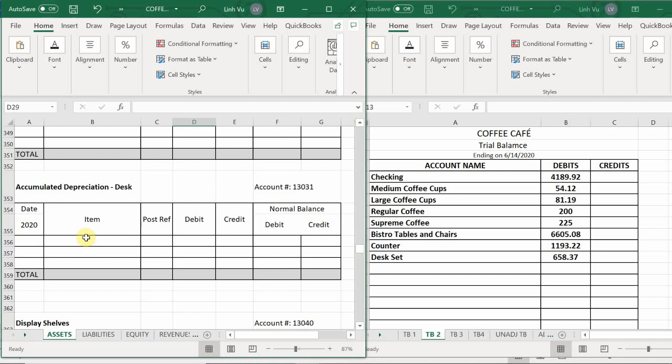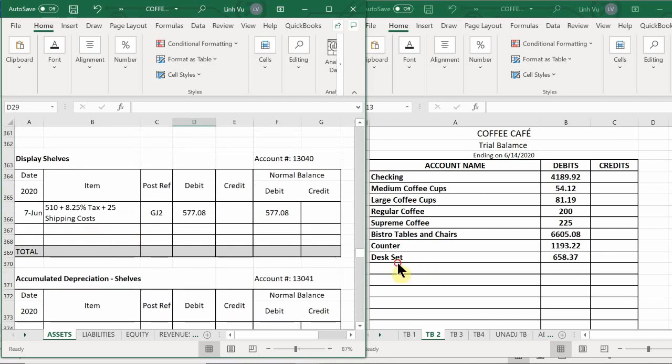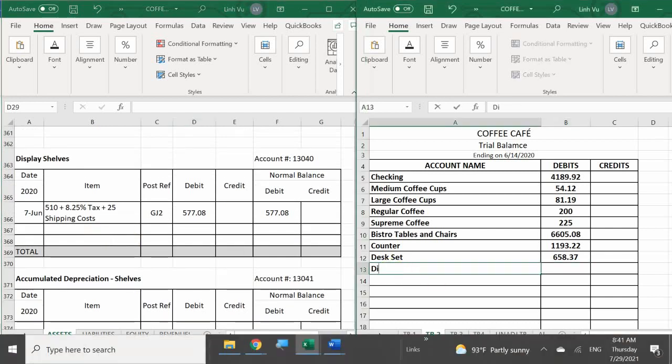Then here we have display shelves, which in this case was a total of $577.08.